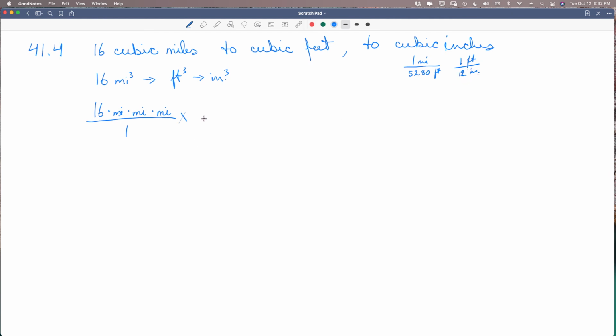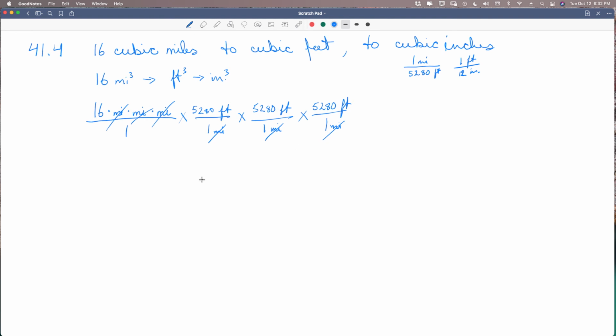So first let's do the miles to feet. 5280 feet over 1 mile, cancel, cancel. Times 5280 feet over 1 mile, cancel, cancel. Times 5280 feet over the last mile we have to cancel.